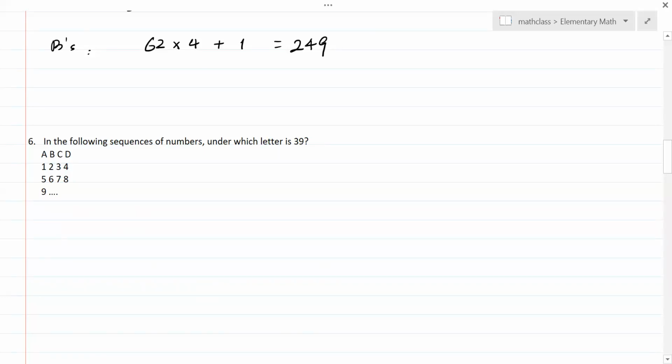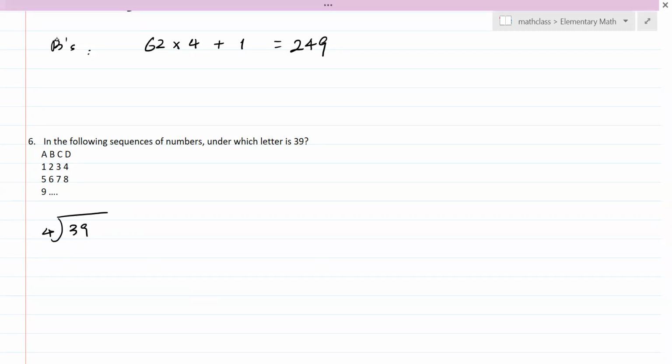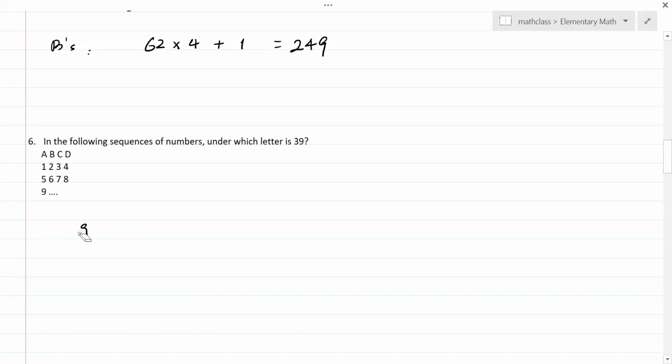To find number 39, you need to know how many blocks of 4 there are. So it's 39 divided by 4.